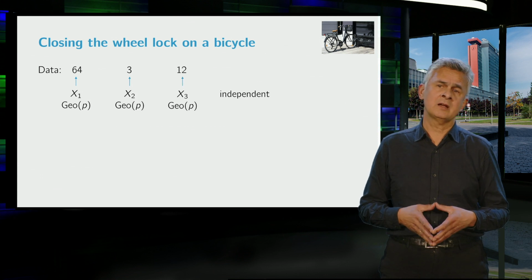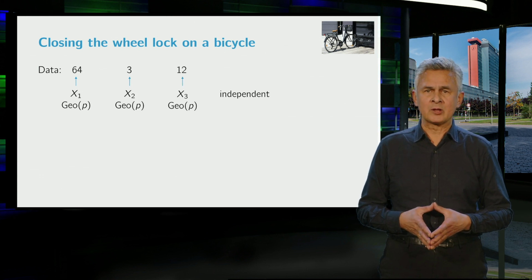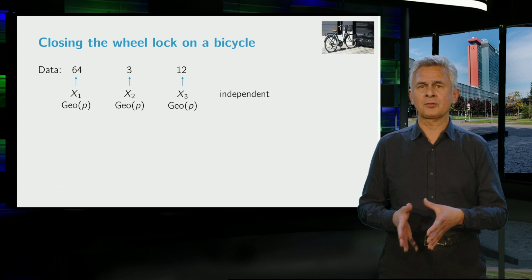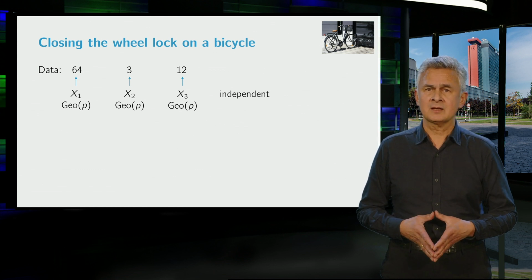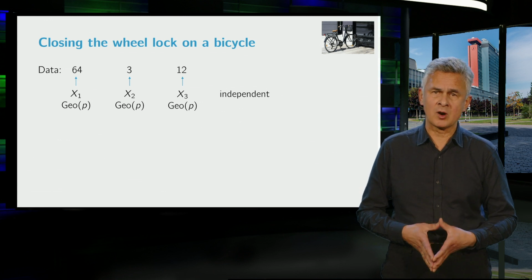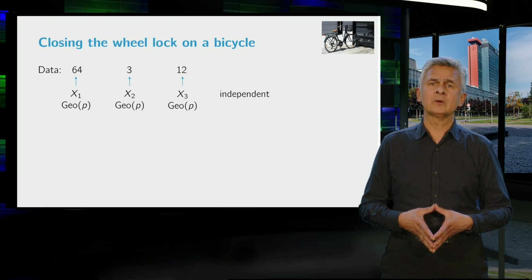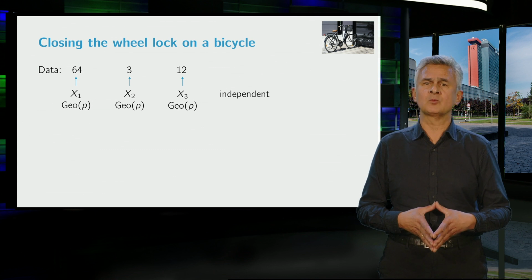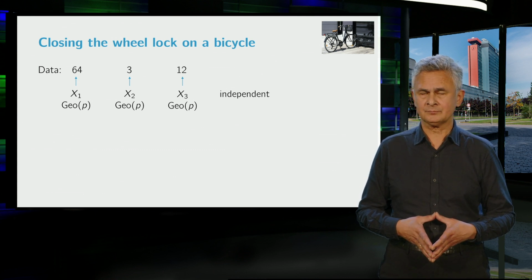In the same way, our dataset with observations 64, 3, and 12 can be modeled as a realization of independent random variables X1, X2, and X3 with the same geometric distribution with parameter p.